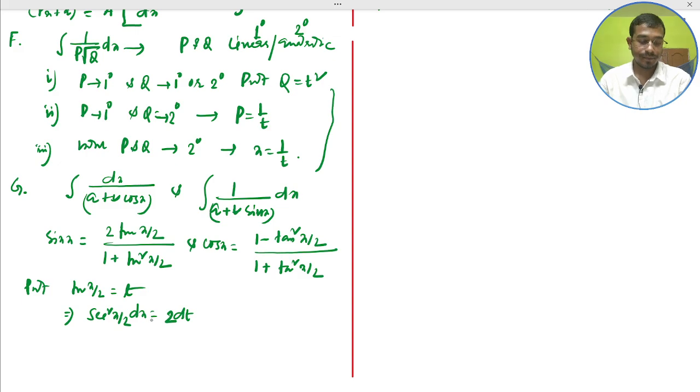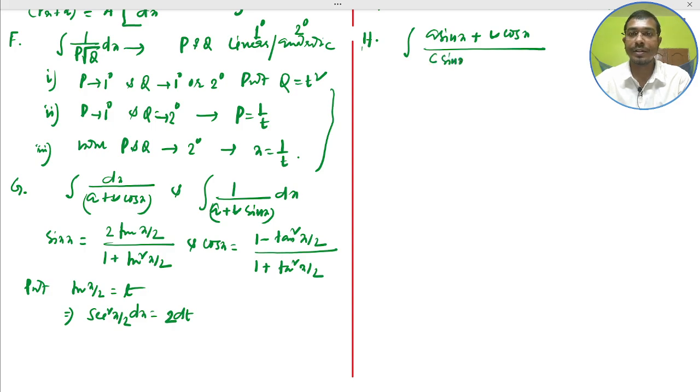Next, the integral of this form, a sin x plus b cos x divided by c sin x plus d cos x dx.